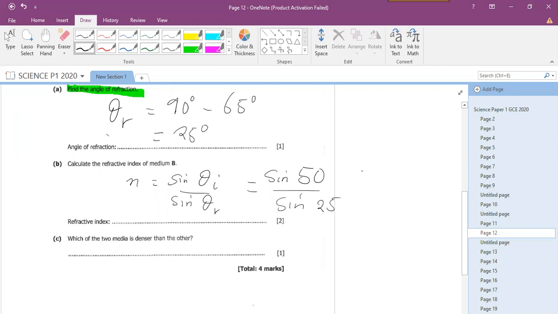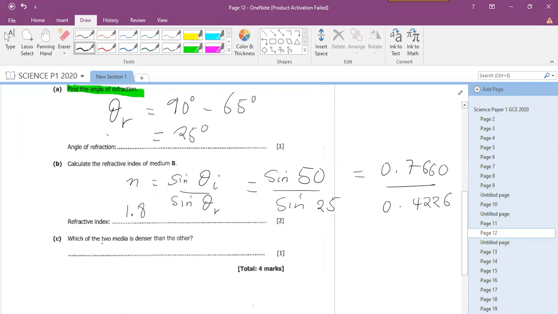If you look at your calculator, sine 50 will be 0.7660 divided by sine 25, which will be 0.4226. I have to talk to Charity about your calculator situation. So the refractive index, if you calculate that, will be 1.8.